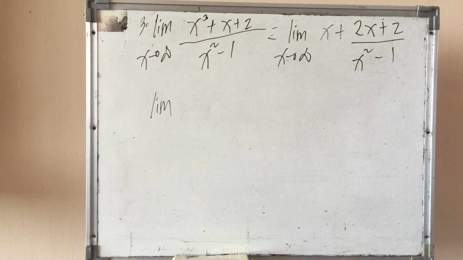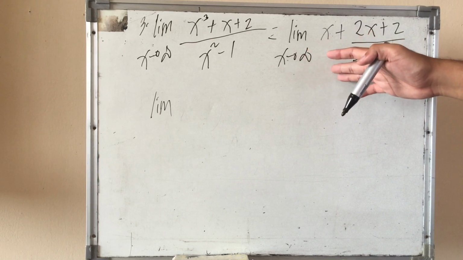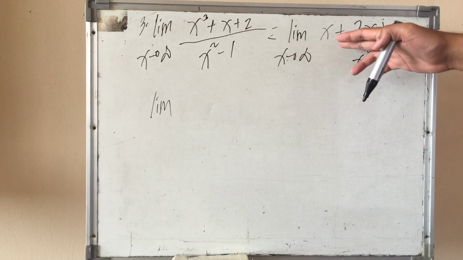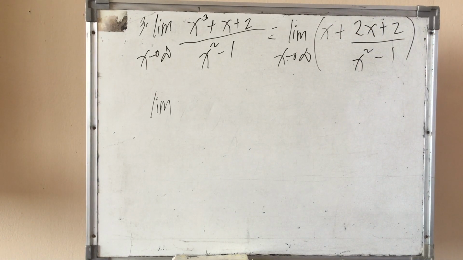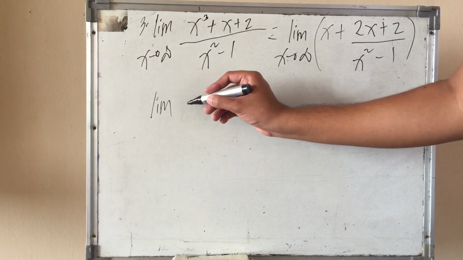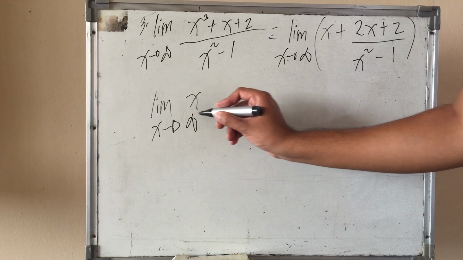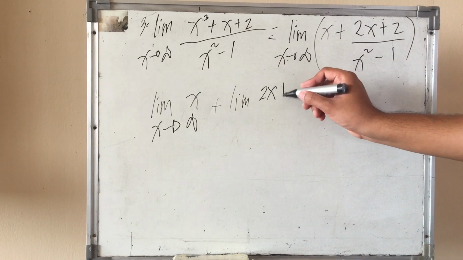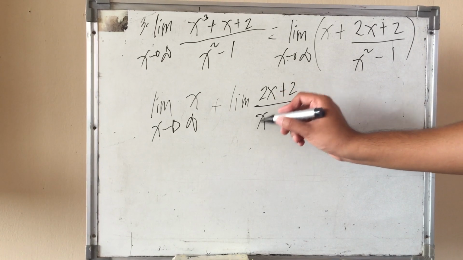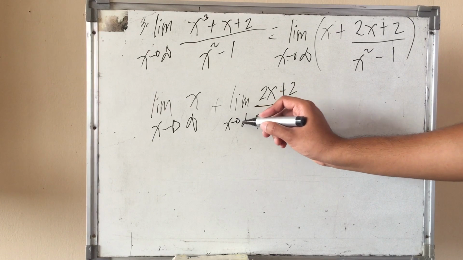Using the properties of limits, we can separate the limit of x as x approaches infinity and the limit of (2x + 2)/(x² - 1) as x approaches infinity.